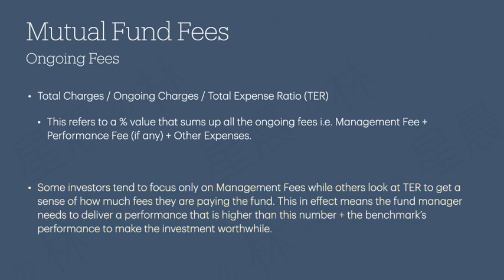For example, if the benchmark delivers 10% returns and the fund delivers 11% returns before fees but has a 1.5% TER, this means the fund manager can indeed outperform the benchmark slightly, but the cost to run the fund is higher than the outperformance, resulting in the investor getting only 9.5% returns, which is worse than the benchmark.